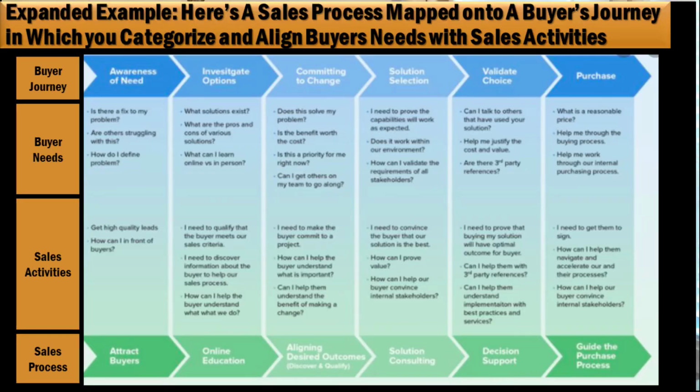Then I would group those questions together and form the stages after that. So these are different ways of mapping out the buyer's journey. Hopefully through this example you can see the top half of how you would think about the buyer's journey. On the bottom half, this is where you're trying to map the sales side. On the sales side, I'm looking at what the buyers do, and I'm looking for buyers that have these needs.